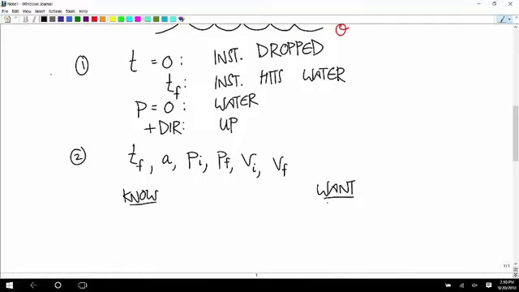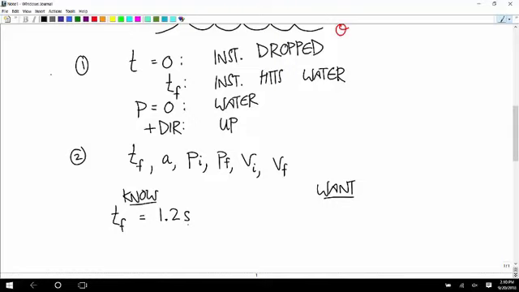So do we know time final? Do we know the time in seconds corresponding to the instant that we're calling time final? Yes, we do. That's given, so this is equal to 1.2 seconds.